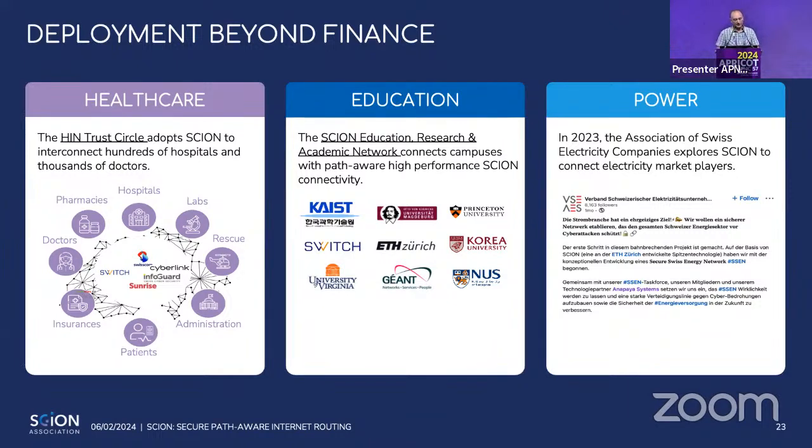So I think there's also a connection to the US too. So it has global reach, and this is actively being used. And currently looking at the Swiss Association of Swiss Electric Companies, so power utilities are actually considering using this in their backbone as well.